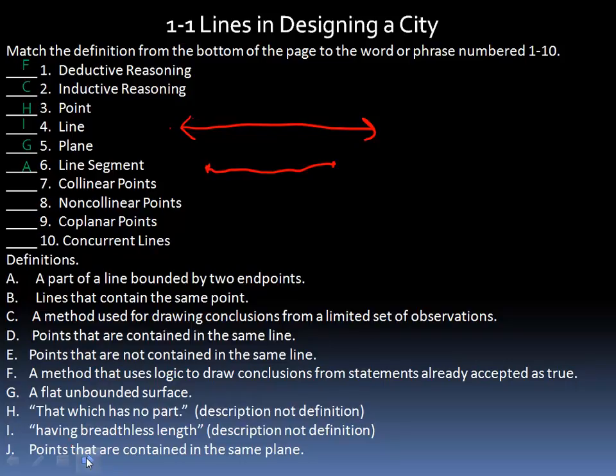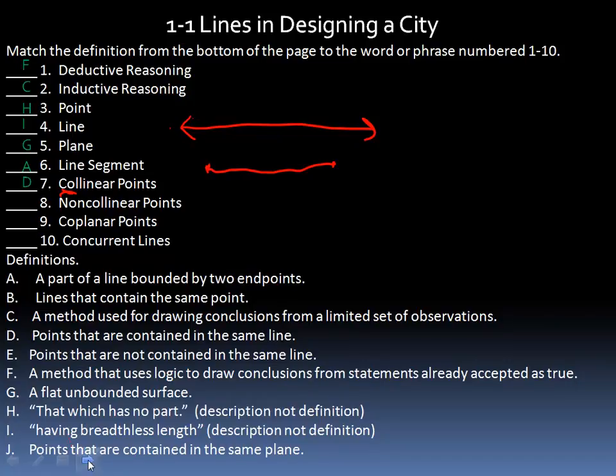And collinear points. Remember what co means. It means with or the same, as in the other teachers at West are my co-workers. We are working together, the same job, so that kind of gives you a little bit of a hint with that prefix. And collinear points means that they are contained in the same line, so that would be D for that one.